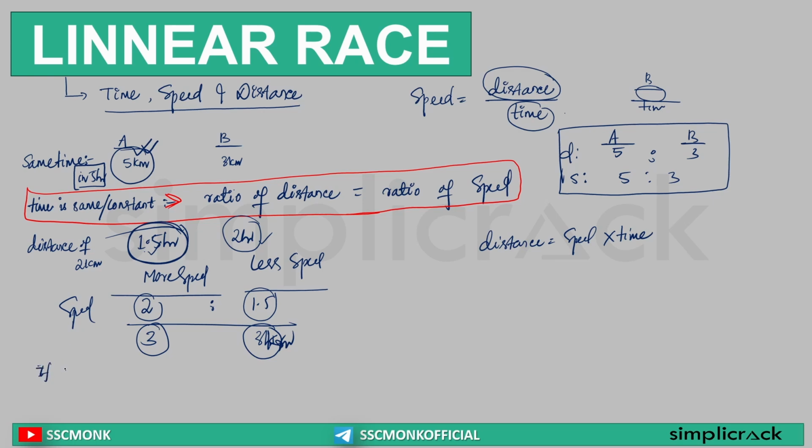If distance is constant or same, then time 1 is to time 2, T1 is to T2, is equal to speed 2 is to speed 1.